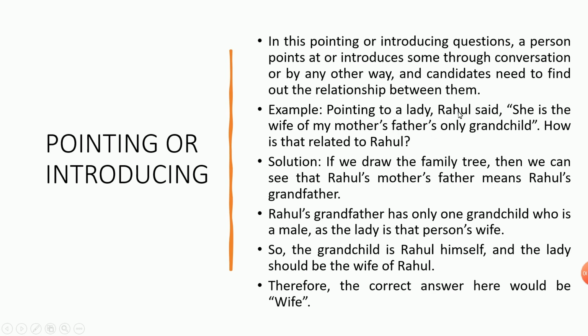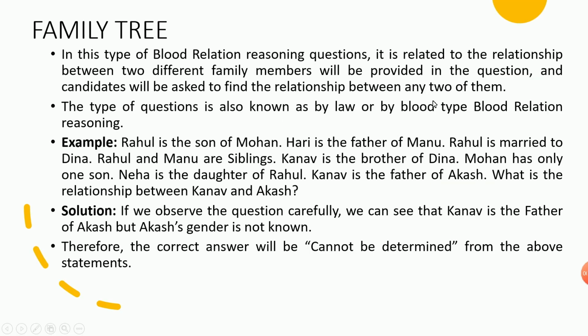So we are deducing the family tree or relationships based on the statement given, but the direct involvement of persons in the question is at the most 2 or 3 only. But here there might be many persons involved. See here, Rahul, Mogan, Hari, so many persons would be involved. For such questions, we have to form a family tree.